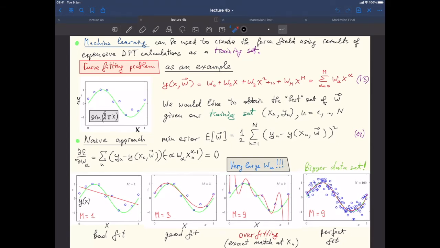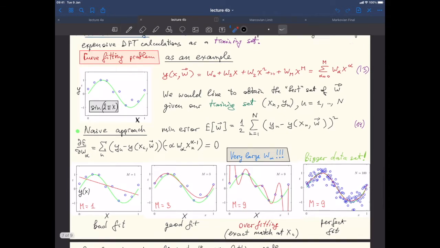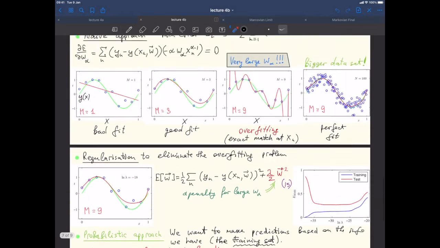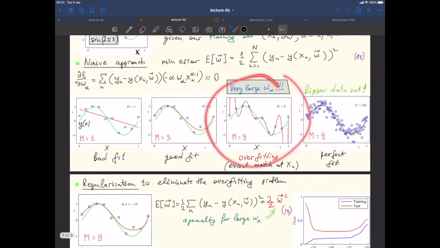Actually, if the data set we train our polynomial on contained many more than 10 points, as in this example here, so you see the number of blue points is really, really large, then we have a perfect fit.